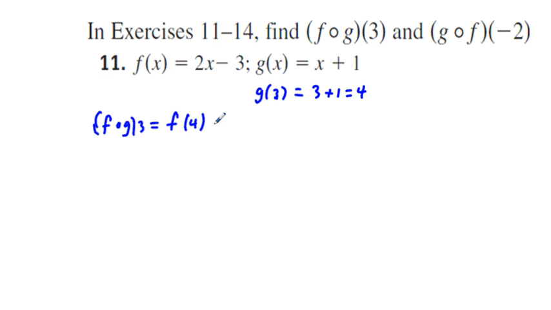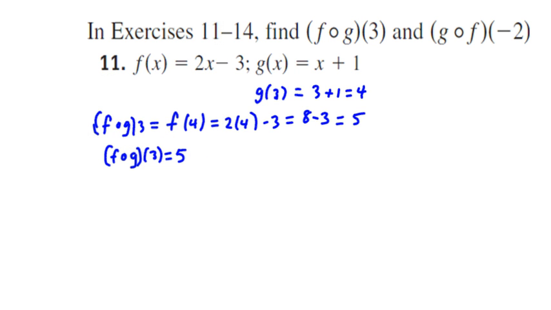Why do we know that? It's because we plugged in 3 for g and found 4. So we're going to have 2 times 4 minus 3, which equals 8 minus 3, which equals 5. So we summarize f of g of 3 is equal to 5.